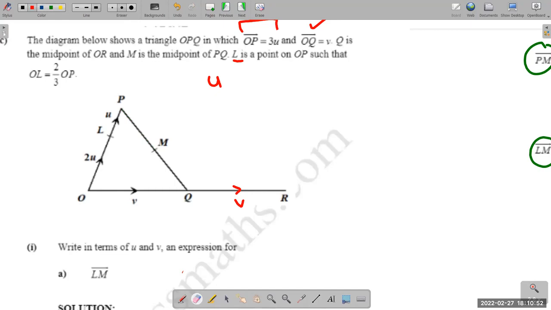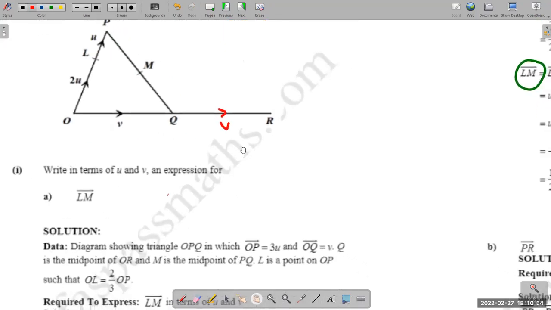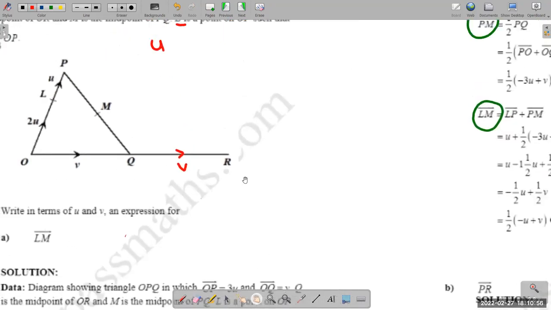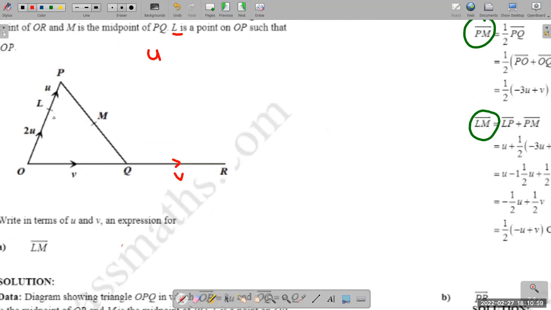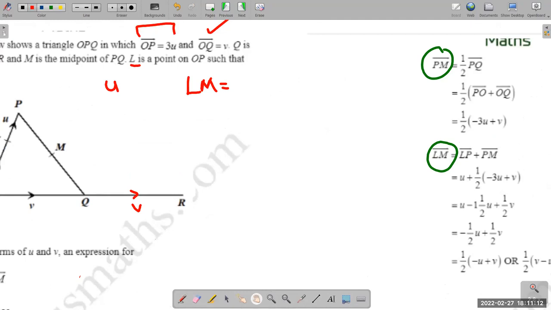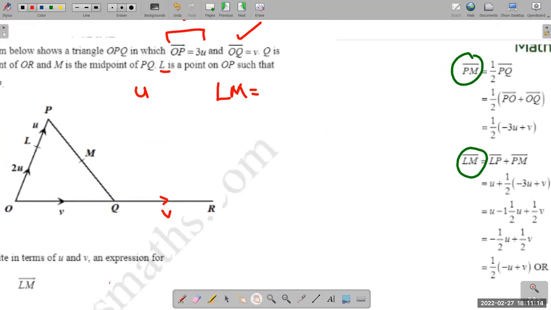I'm trying to figure out how to write this down to make it as neat as possible. So let's just start off with what we have. LM is equal to a lot of things. So I'm just going to write out the long things first. This is how I would do it personally. LM is equal to LO plus OQ.